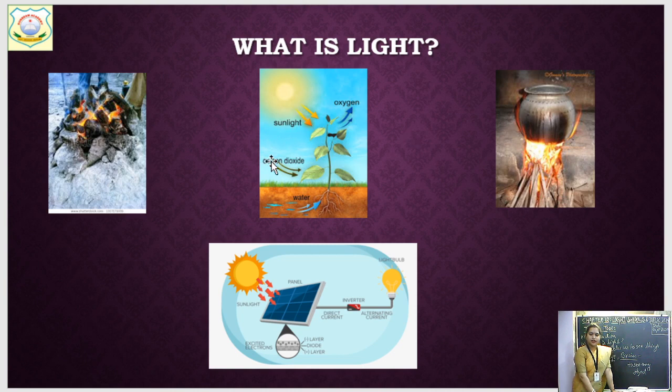Now again coming to this figure. Can you recognize this figure? We have already studied it. This is photosynthesis. I hope you have studied it in class 5th. What happens in photosynthesis? The sun gives light to the plant. The plant prepares its own food with the help of water and everything.